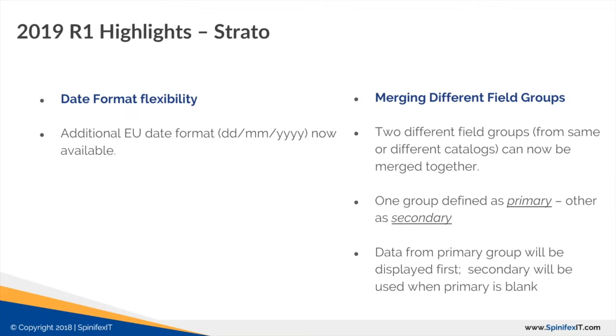With this enhancement, two different field groups can be linked in such a way that one grouping, maybe the group of all the emergency contact data fields, is considered the primary data source, but a second grouping, like perhaps the group for permanent address fields, is indicated to be secondary. What this does is tell the document to first look for the primary group, like emergency contact in our example, and report those fields. But if not found, go ahead and report from the secondary grouping.